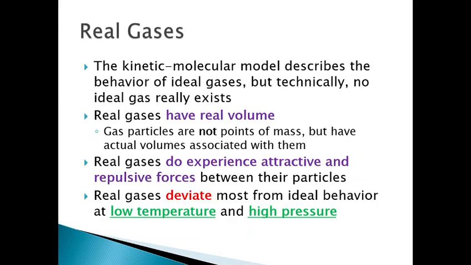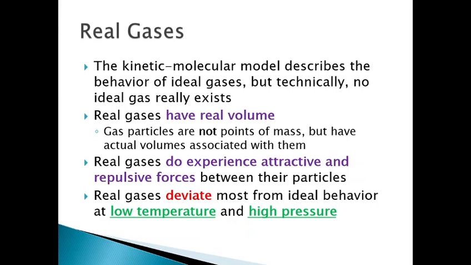And if you move around slower, you have more time to interact, more time to deviate away from this whole linear relationship. Same idea behind high pressure. At high pressures, you're forcing all these atoms closer and closer to one another. You're forcing them to interact. You're forcing them to become a little bit more involved with each other than they ever wanted to be.